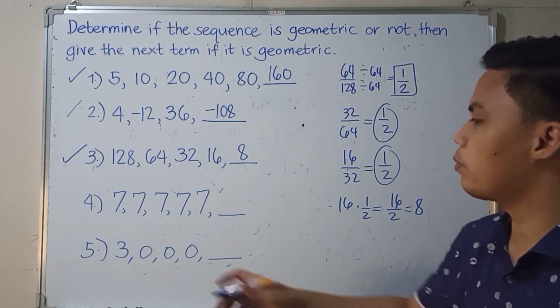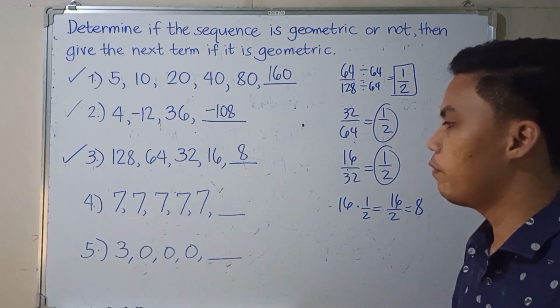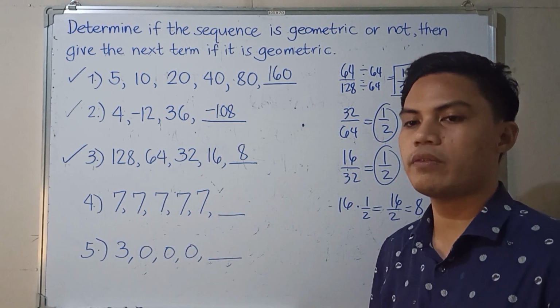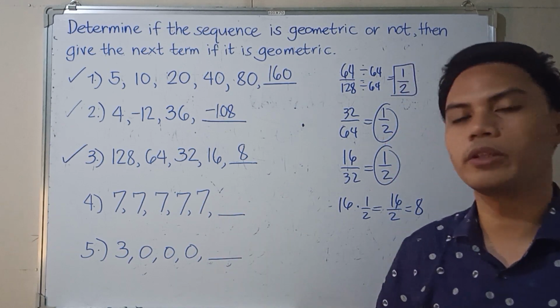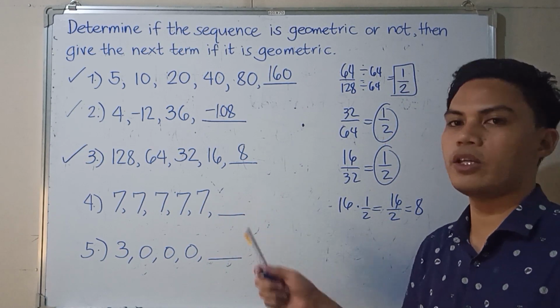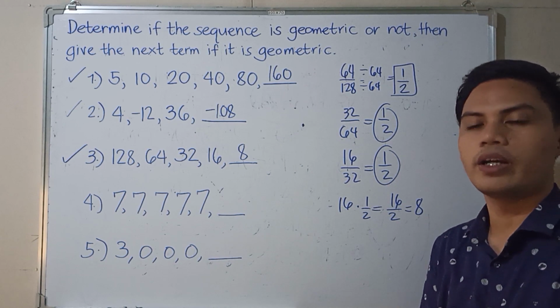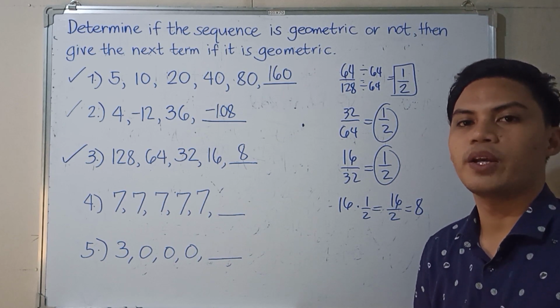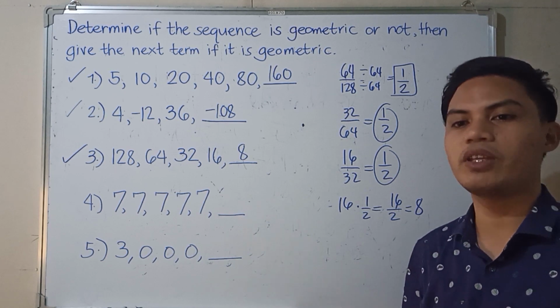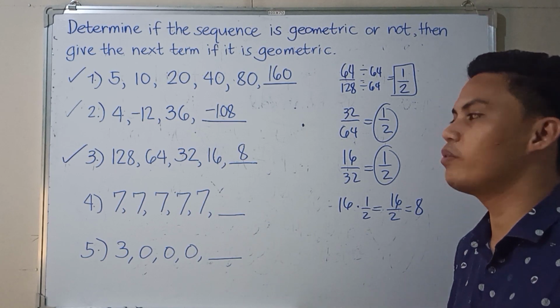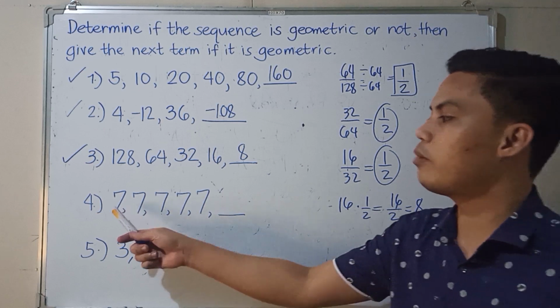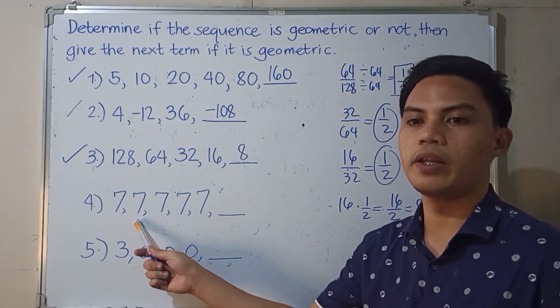Okay, how about this one? Number 4. 7, 7, 7, 7, 7, 7, and the missing term. Is this a geometric sequence? Mako-consider ba natin siya ng geometric sequence? Okay. Yes or no? Okay, this is a geometric sequence. Okay, ano kaya yung common ratio natin dito? Anong kailangan natin multiply sa 7 para maging 7?